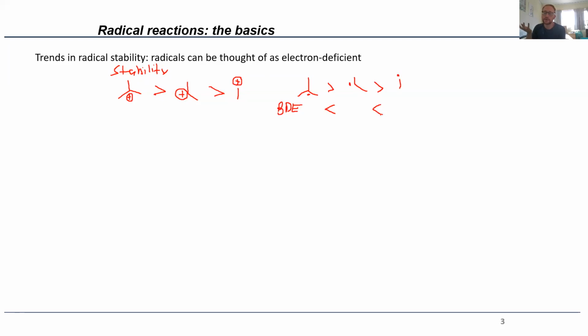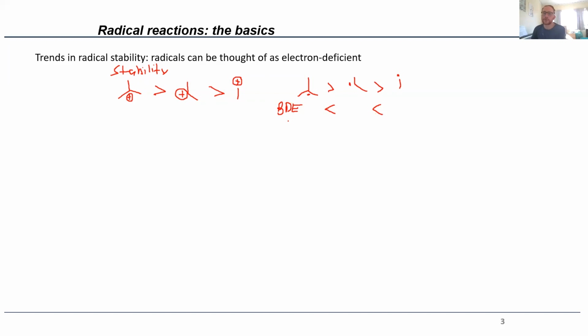This is, of course, because the extra substituents can donate electron density toward this electron deficient center by hyperconjugation and induction of the CH bonds in these more substituted molecules.